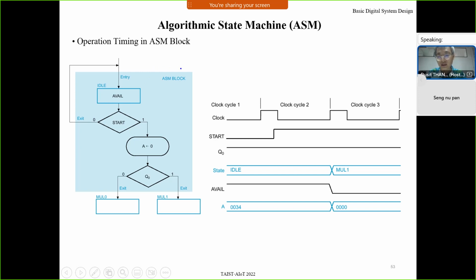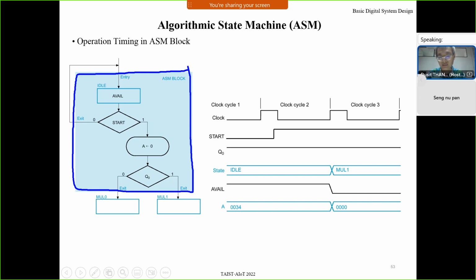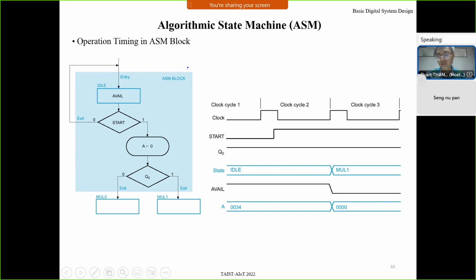For this group, it is in the same state. Let's consider this is the input start. At the beginning it is 0 and then changes to 1. And Q0 is also one more input. This is the state name: state idle, state mount 1, state mount 0.